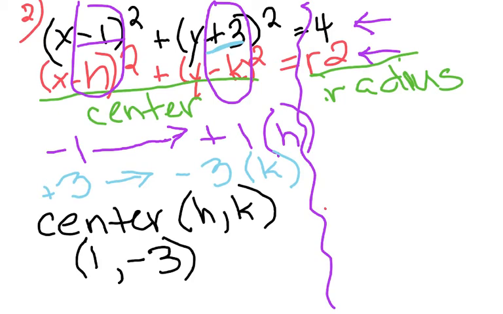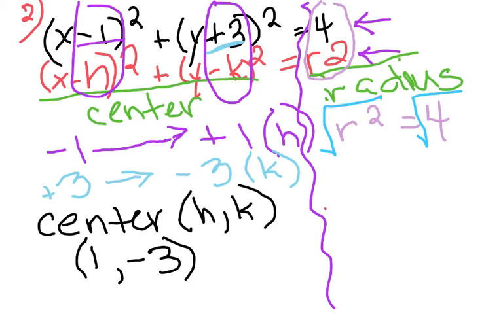So moving on to the right-hand side, we're going to draw a circle in a different color around the 4 and the r squared, because we're going to set those equal to each other. So r squared equals 4. Just like we did on the other problem, we're going to take the square root of the left side and the square root of the right side.